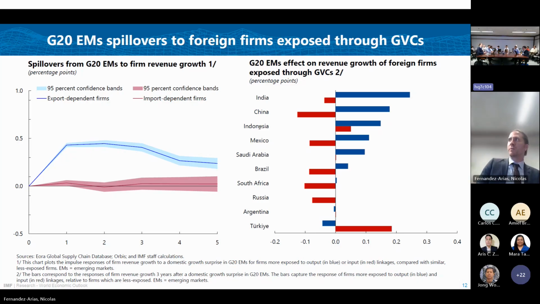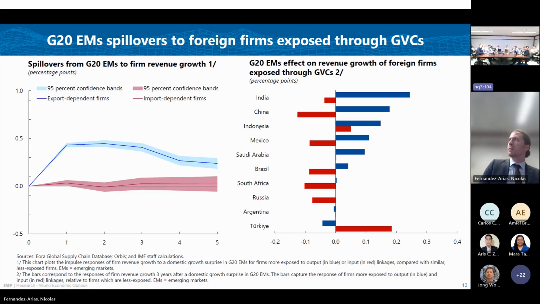But at the same time, import-dependent firms in red don't see this boost, and we can see that in terms of the sensitivity to many of these economies in G20 EMs on the right, that several see a decline. And the way we interpret this is that a positive growth surprise in G20 emerging markets could represent increased productivity, which would imply cheaper inputs and some more competitiveness for firms that depend on them for inputs.